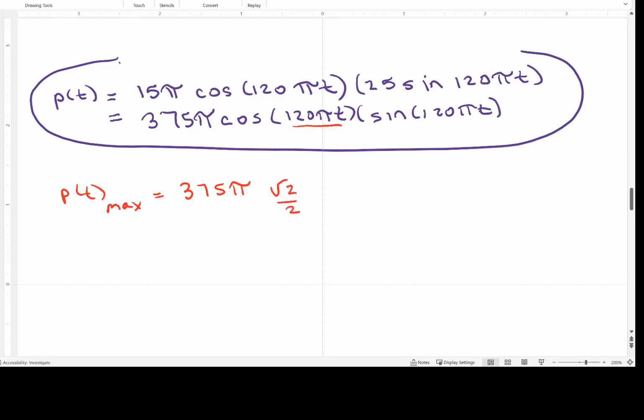And the sine of pi over 4 is the square root of 2 over 2, which gives me 375 pi times 2 over 4, which is 1/2. So this is equal to 375 over 2 pi. And that is maximum power, actually.